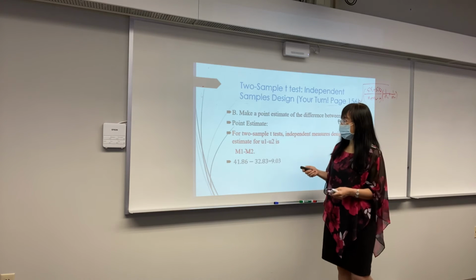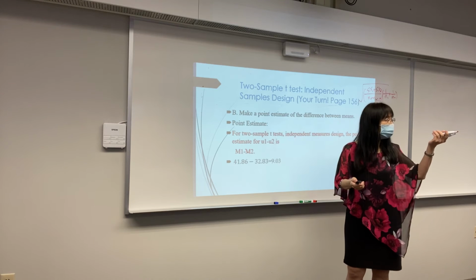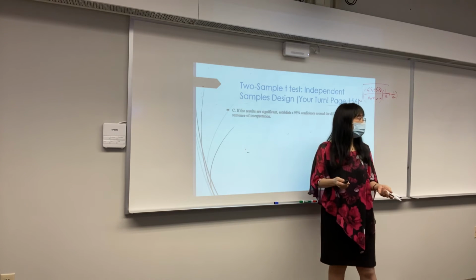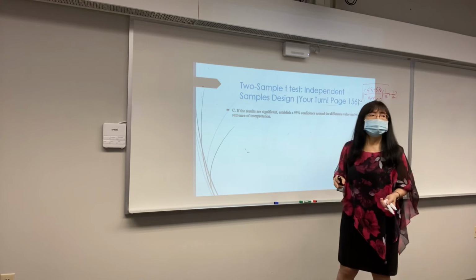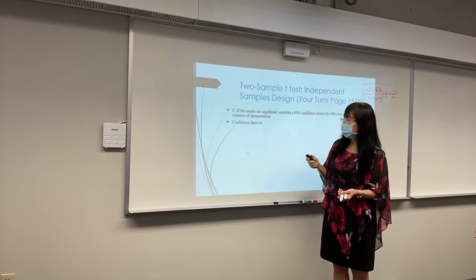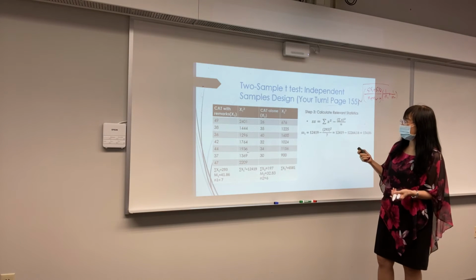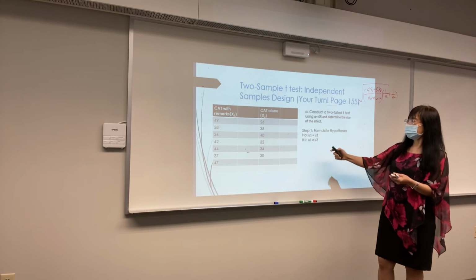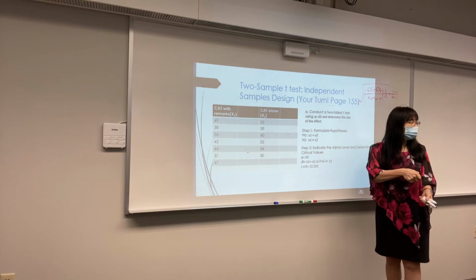And then we do the confidence interval. Let's see what they ask us to do. They ask for 95%, so that means alpha equals 0.05. And then the degrees of freedom, since we already got it from here, so this will be the number we are going to use, and 2.201 we got here.